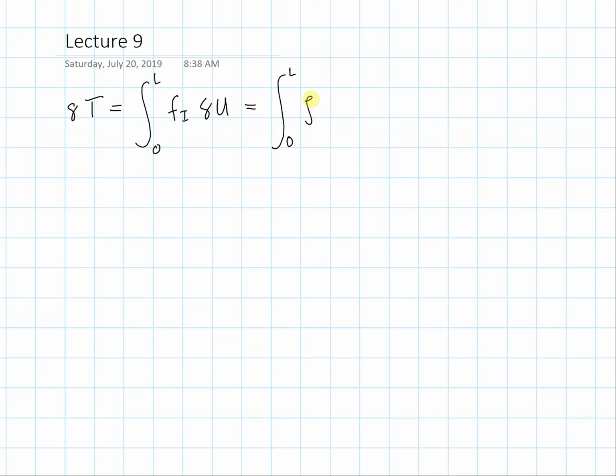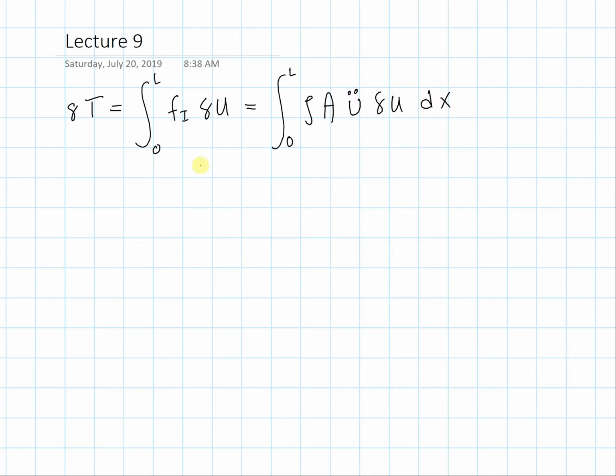I have rho, which is the density of my material. I have A, which is my area. I have U double dot, which is my acceleration. And I have a delta U. And then I also introduce a dx because we have to integrate over the position x.